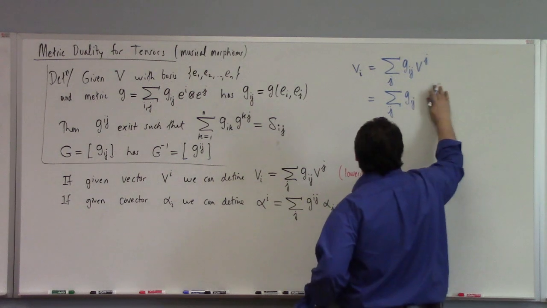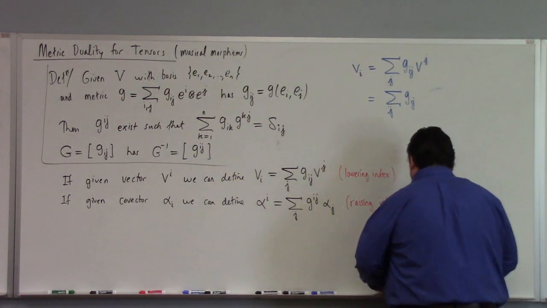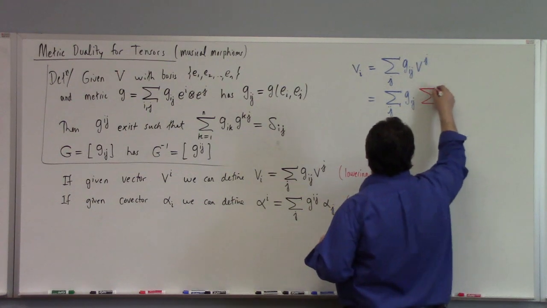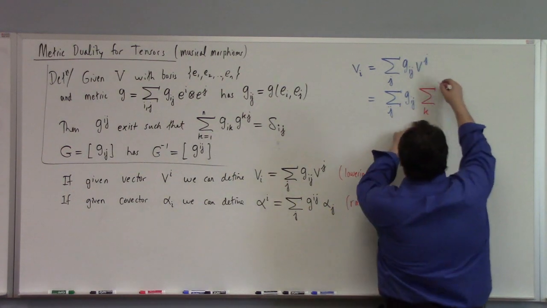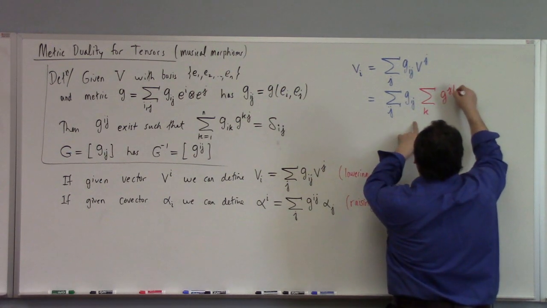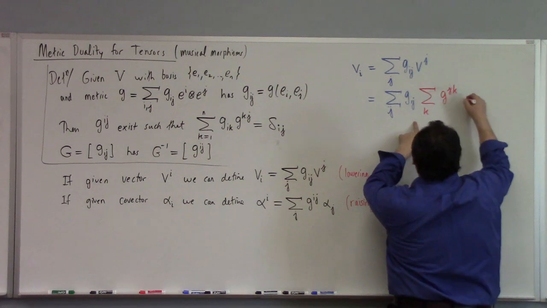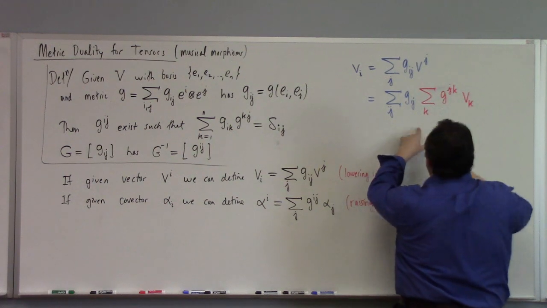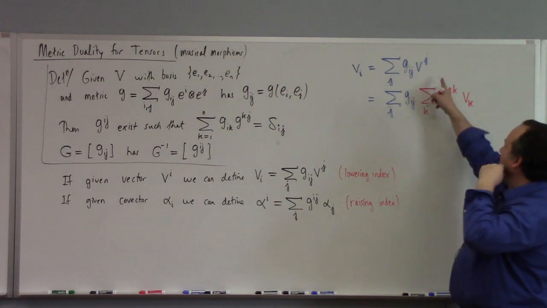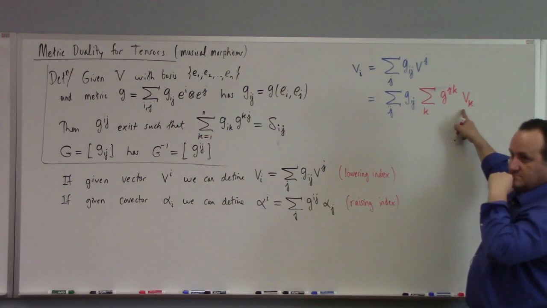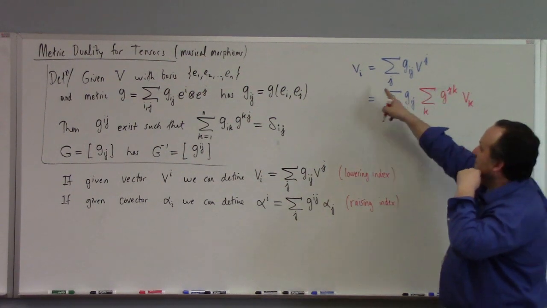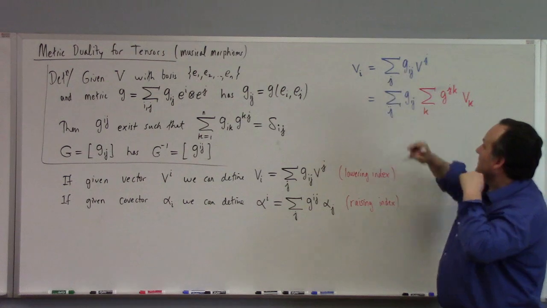So we'll replace that with a sum over k, so I do a g j k v lower k. See that? I lowered that index to a k. This j goes here, just like this i goes there.